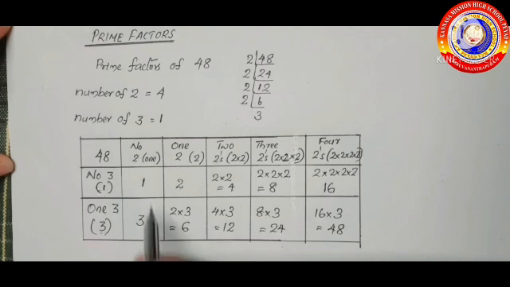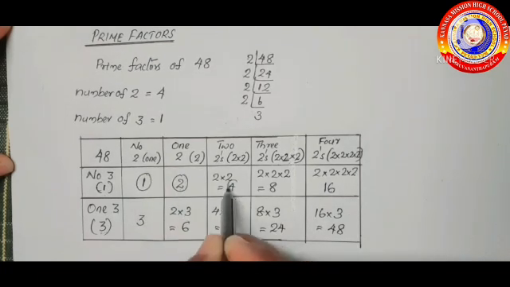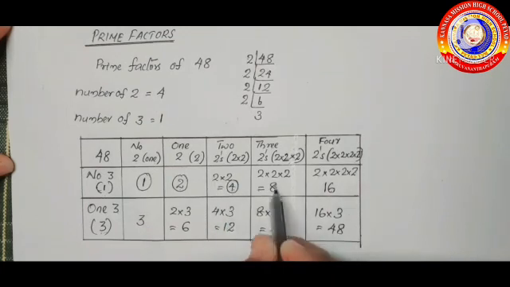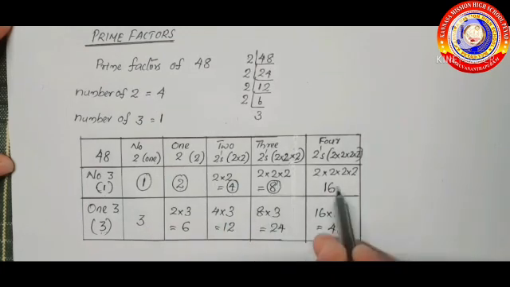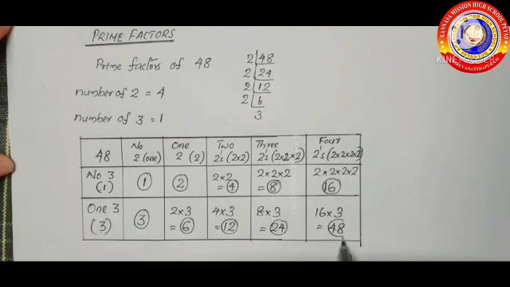So, the factors of 48 are 1, 2, 4, 8, 16, 3, 6, 12, 24 and 48.